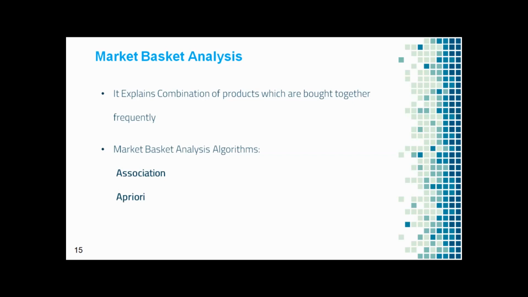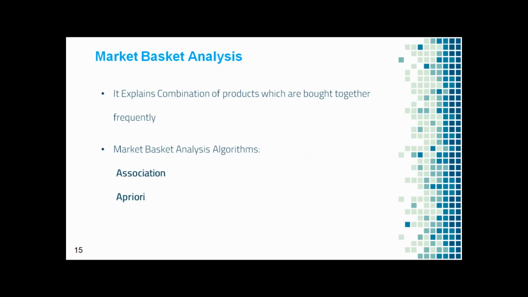For example, let's say we are buying toothpaste. Chances are that if we are buying toothpaste, we will also buy a toothbrush. So in that case, with the help of market basket analysis, we can create an algorithm that will explain which products can be bought together frequently.